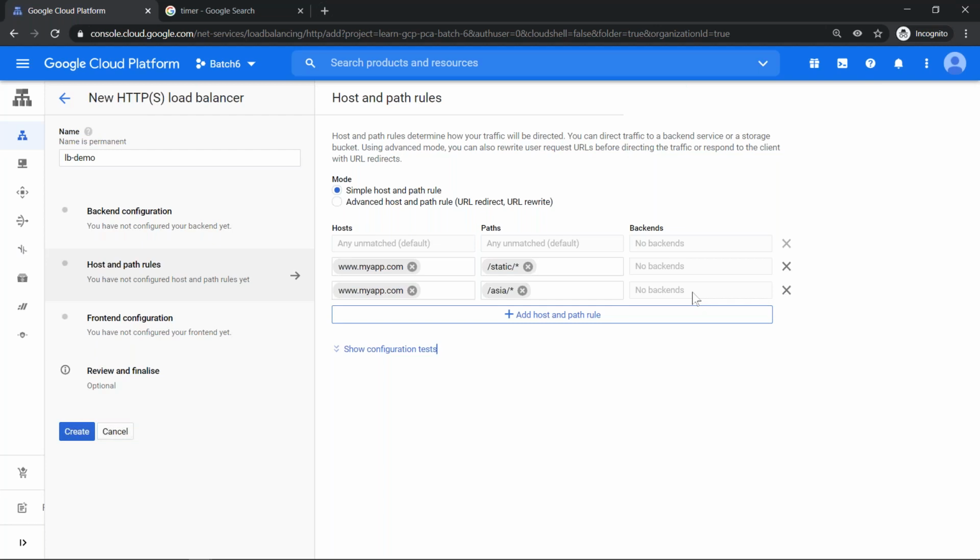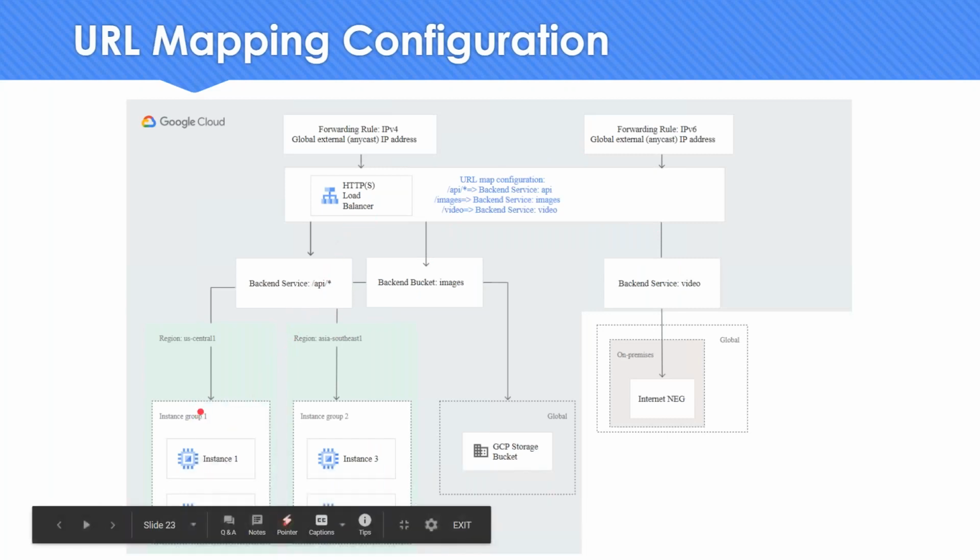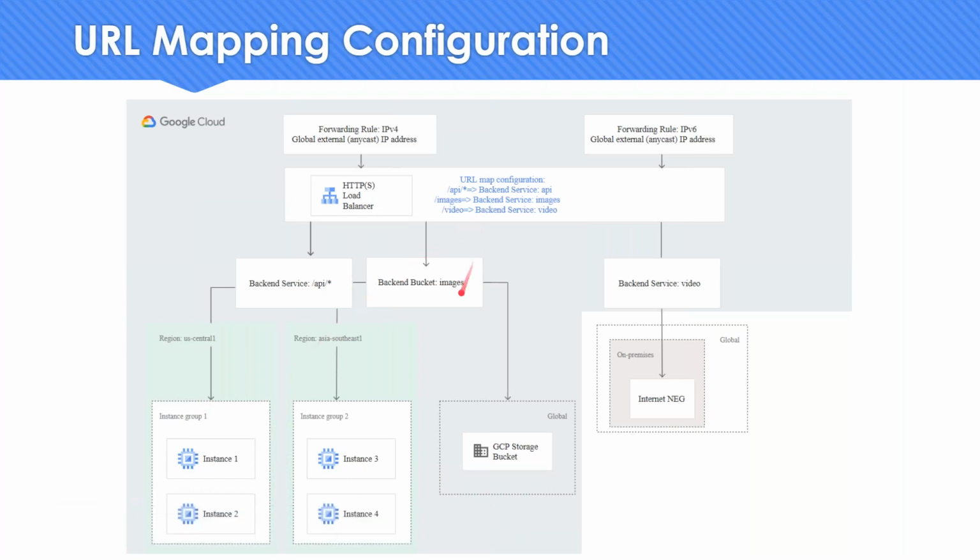So I can do all these kinds of things easily with host and path rules here. Similarly, /api, /images, whatever you want, you can serve it. So if it's /api in this diagram, it is served from an instance group. If it is /images, it's going to be served from a bucket.